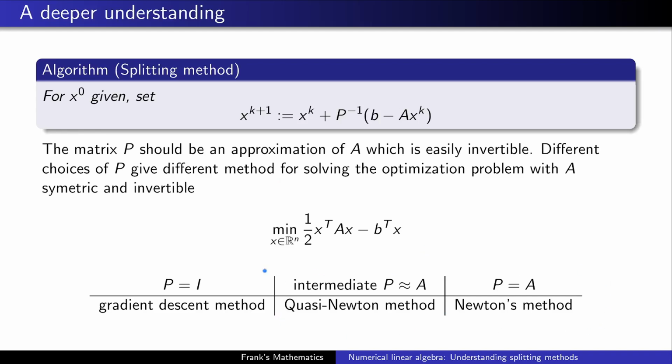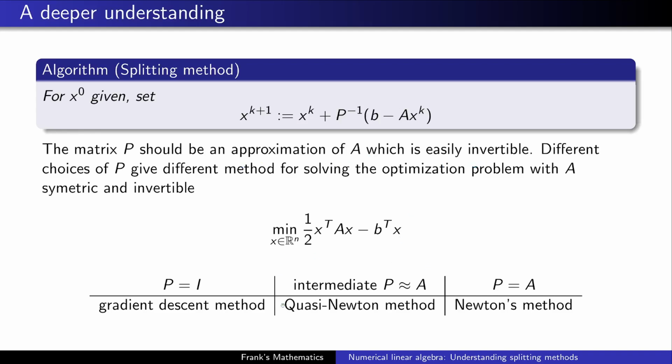Let's take a look at this table here. If you choose P to be the identity, of course, then the matrix P is super easy to invert, but it's a very poor approximation of A. On the other hand, if you choose P to be A, this is a very, very good approximation. In fact, this is the best approximation of A. However, it might not be easy to invert.